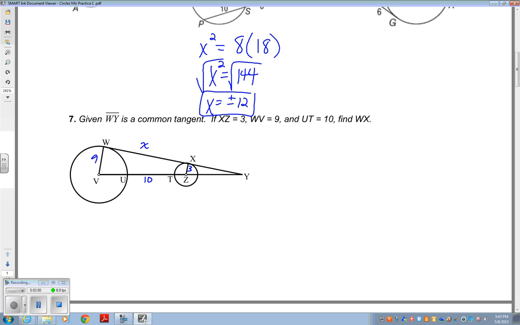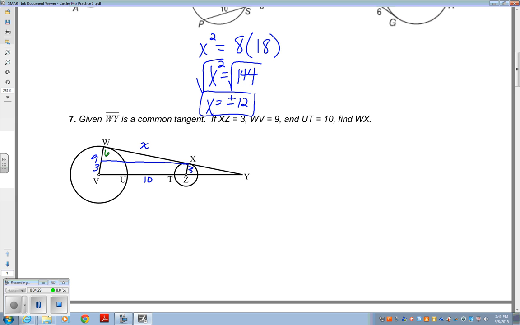Now, in order to do that, this is what I was saying, you're going to have to draw a perpendicular segment that's parallel to VZ. So it's going to create a little right triangle above it. So if this is 3, and if I have a rectangle here, and I know it's not drawn to scale, so let me fix this for y'all. There we go. All right, so if this is 3, then we would have 3, and the remaining part, since the radius is 9, would be 6.